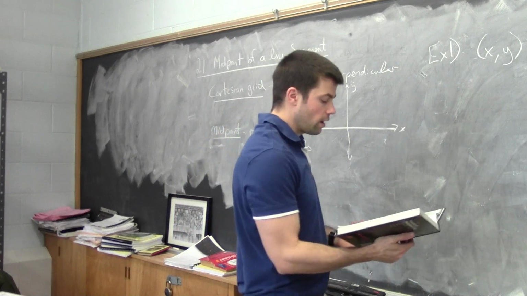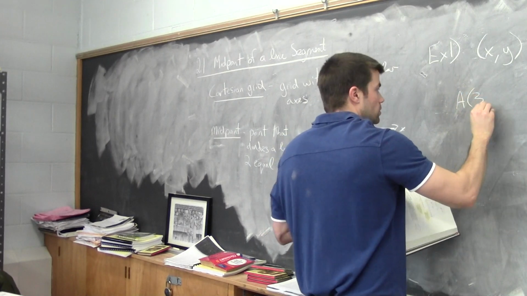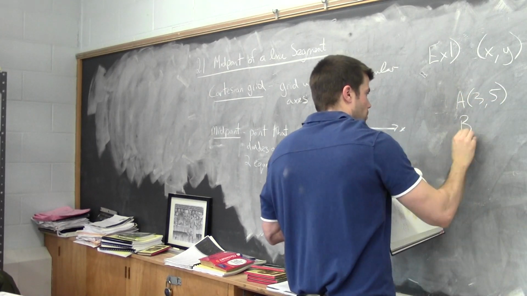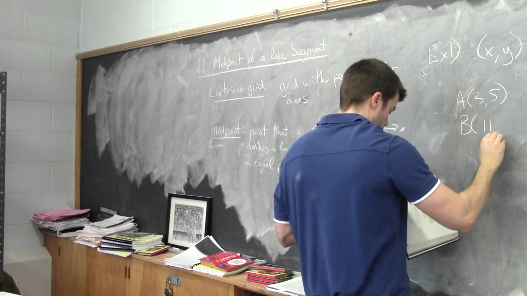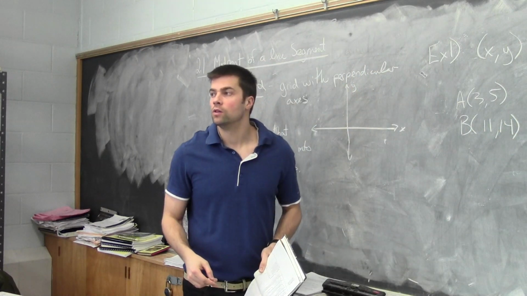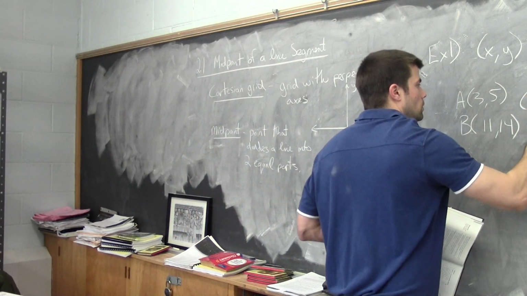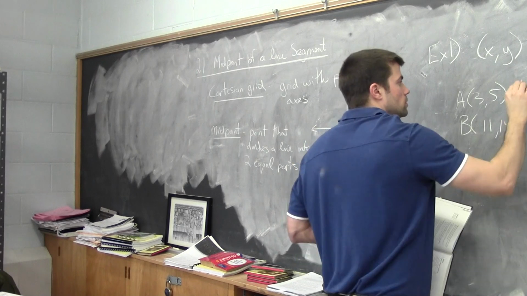All right, so then if we have two points now in this question, we have point A, which is (3, 5), and point B, which is (11, 14). We're just going to sub that into our midpoint formula. This is our midpoint.